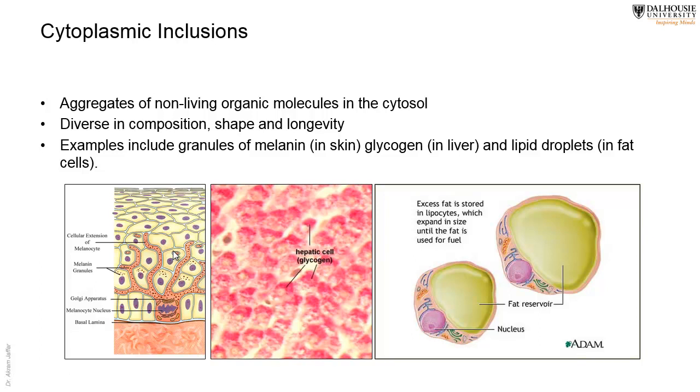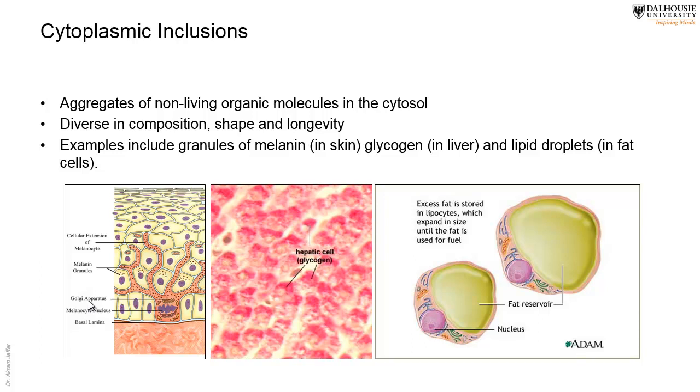So at certain times when you are tanning, for example, there will be increased production of melanin, and then this will disappear later on. So it's not necessarily that these cytoplasmic inclusions are present throughout the entire life of the cell.